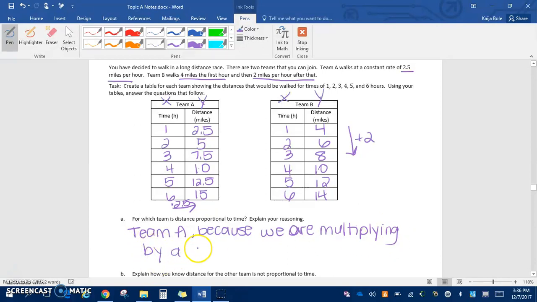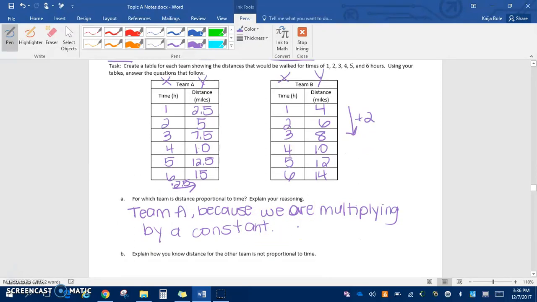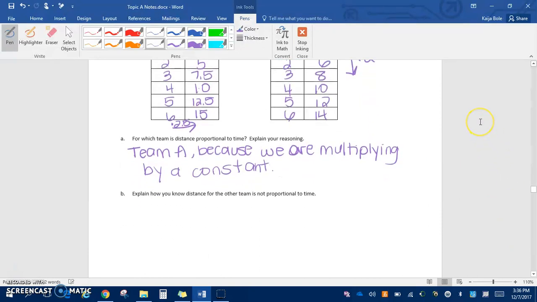And then the next part says explain how you know the distance for the other team is not proportional to time, and it's simply because we are not multiplying by a constant.